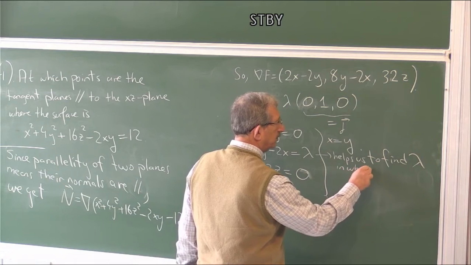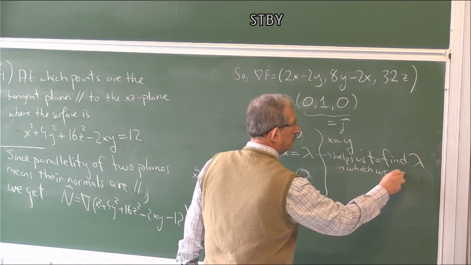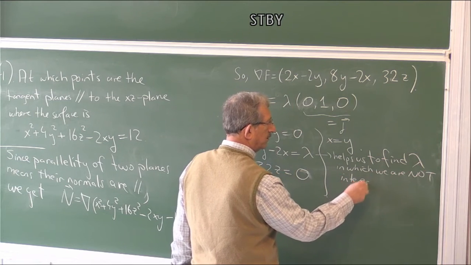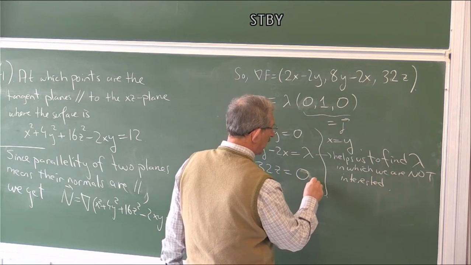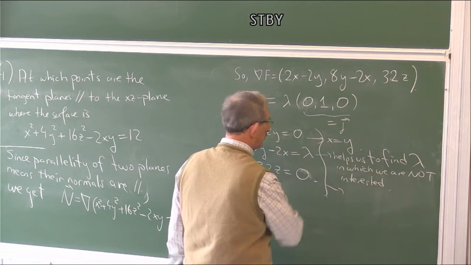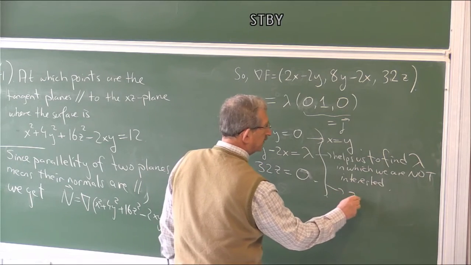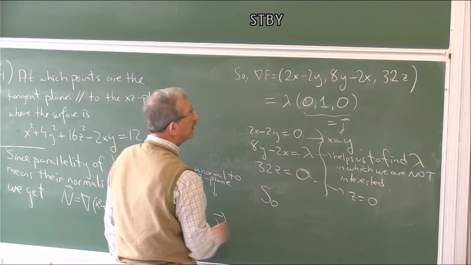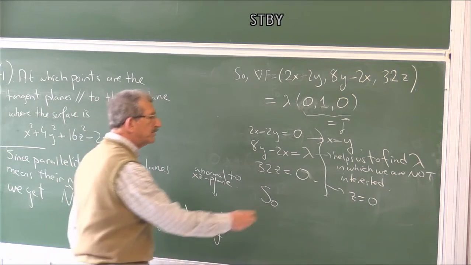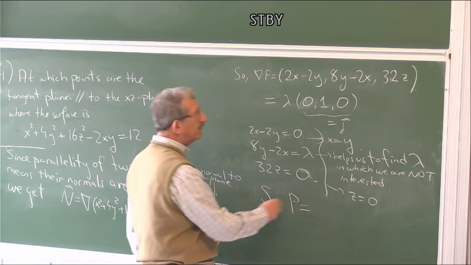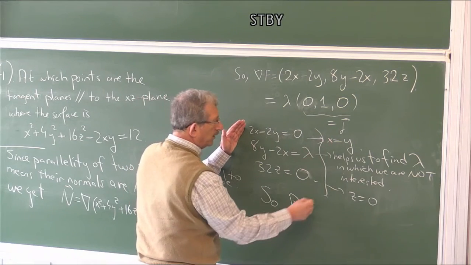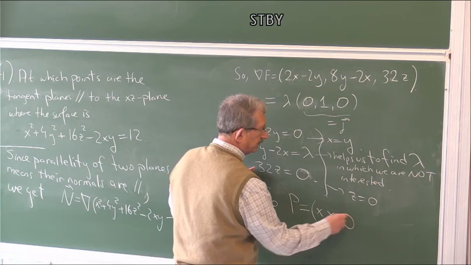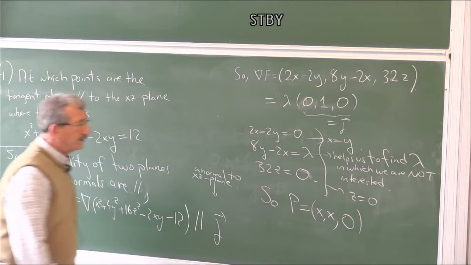And, of course, the last equation says that z is 0. All this tells us that the points must be of the form, well, x is equal to y, so it's x, x, and z is 0. So these are the points.